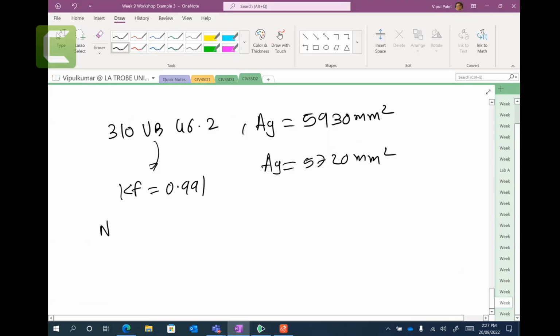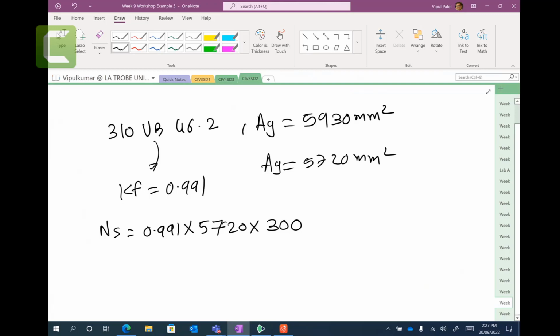So Ns equals 0.991 times gross area 5930, yep 5930, times 300. You get 1763 kilonewtons.